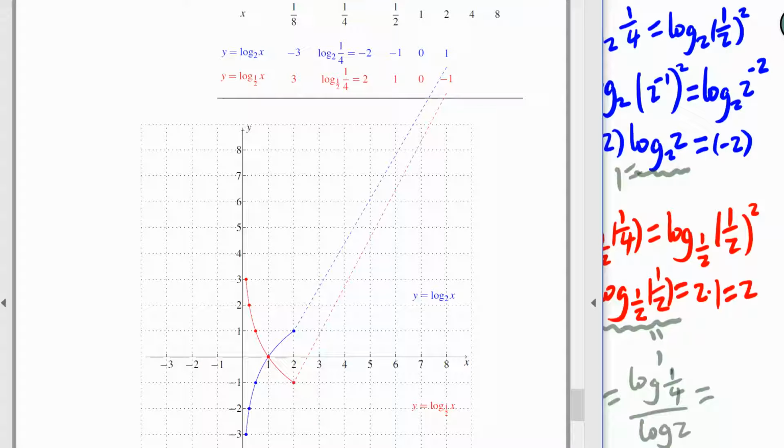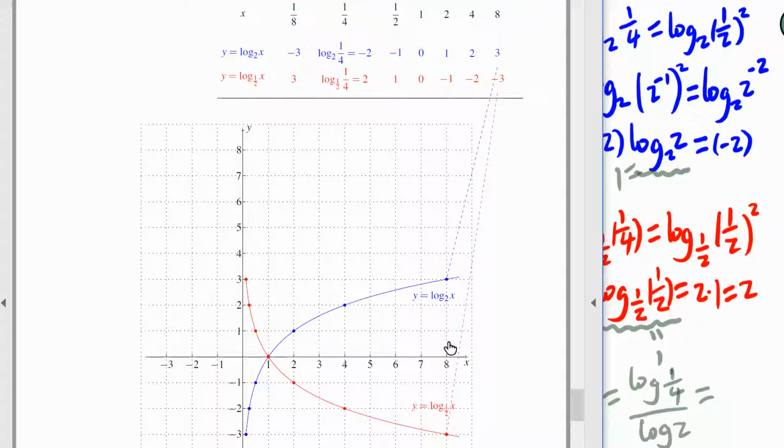At this point, you may play that frame by frame, and you'll get the picture. You can see those two graphs are symmetric with respect to the x-axis.